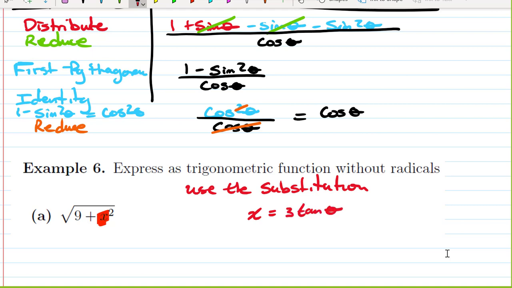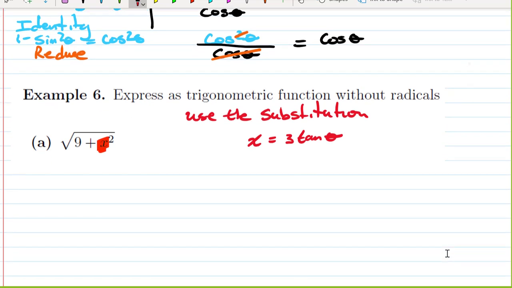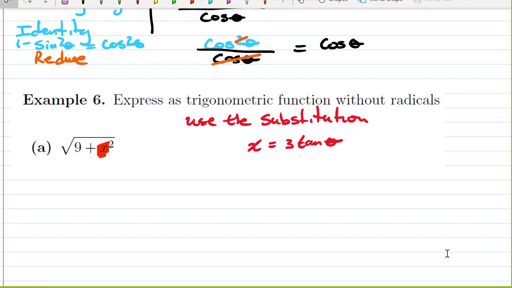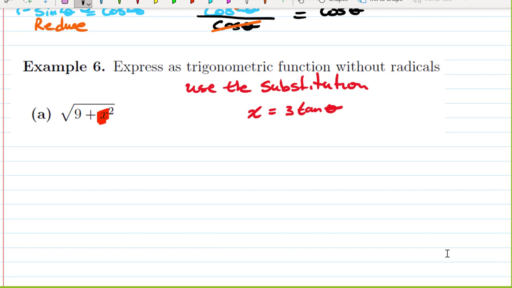So in the homeworks or in any problem I would give you on a quiz or a test, we will supply the substitution. You just need to know how to simplify the expression. So the first step is, given this substitution, we're going to substitute it into our equation. So that's going to give us 9 plus, and we replace x with 3 tangent theta.